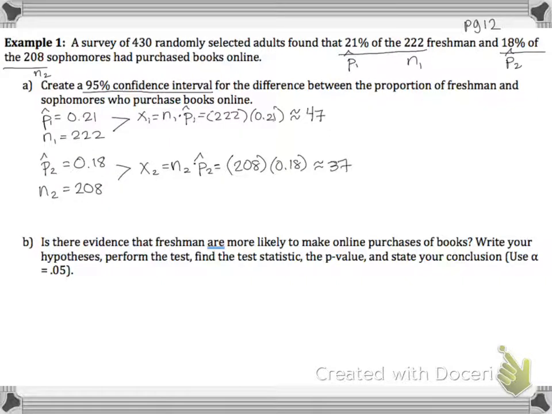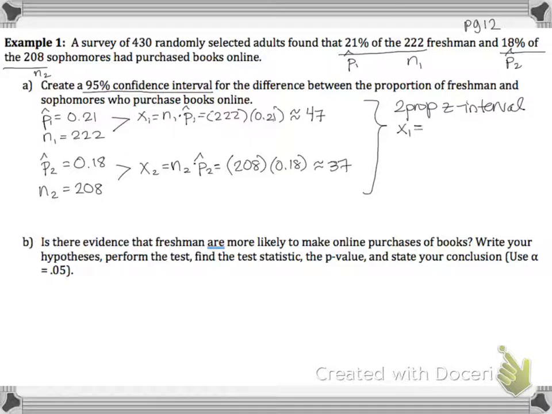We want this to be as close as possible to 18%, and we want X1 to be as close as possible when we put it over 222 to 21%. Okay, so that's why we're making these choices in rounding. Now, we have the information we need to go to the 2-prop Z interval.